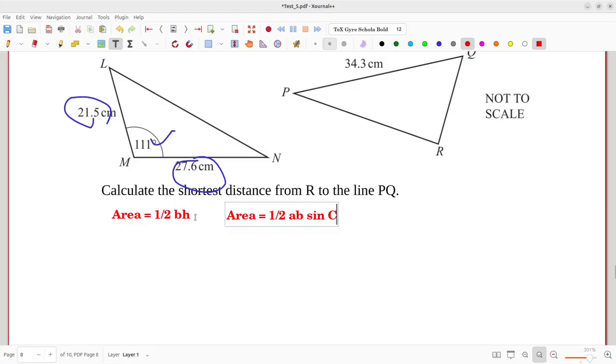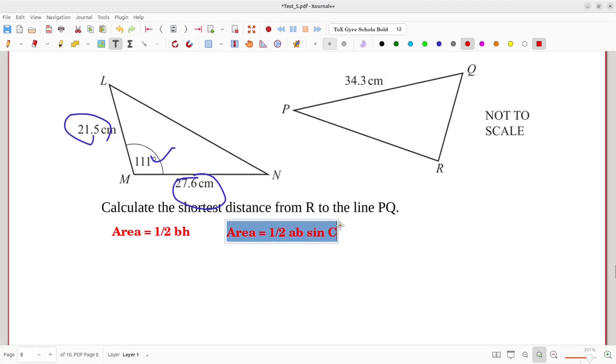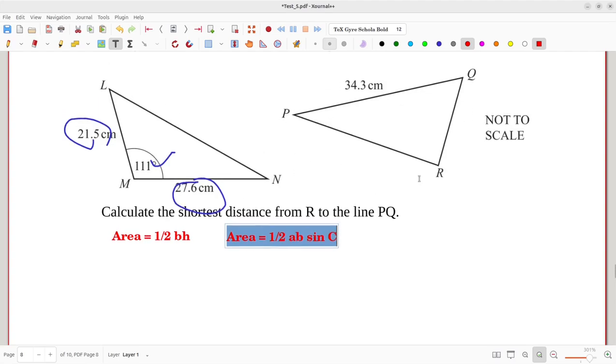Now, this formula is actually reduced to this formula here. For example, let me take you through an example. Consider this triangle there.